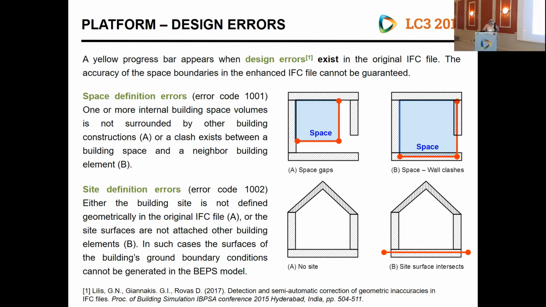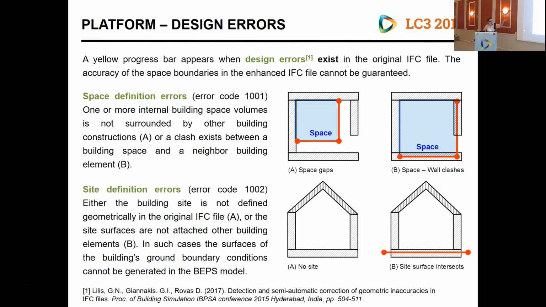As I talk about errors, there are two kinds of errors that appear and affect the generation of the second level space boundary topology. The first error, which appears with the code 1001, is a space definition error. What happens in a space definition error? The space volume is not correctly defined in the IFC file.